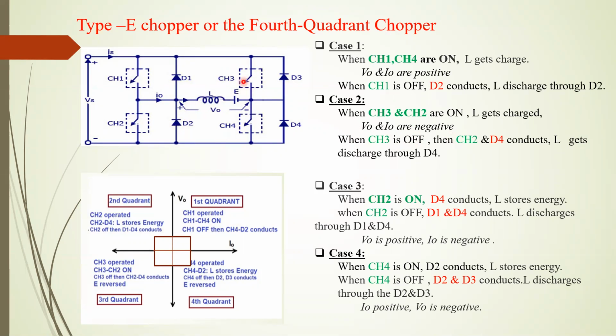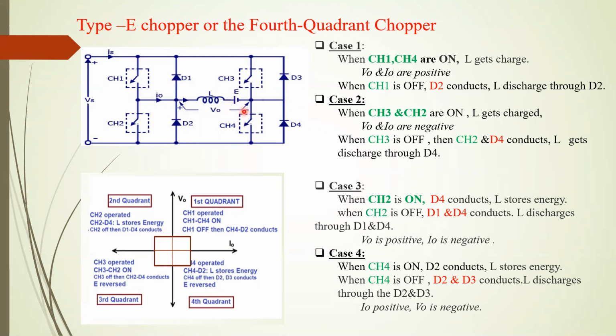Now if we turn off the chopper 3, then the inductor starts discharging. When chopper 3 is off, it starts discharging and conducts through D4.